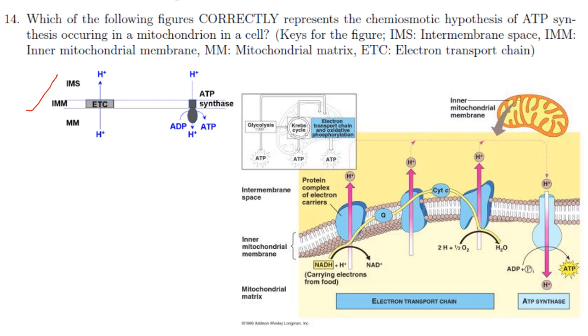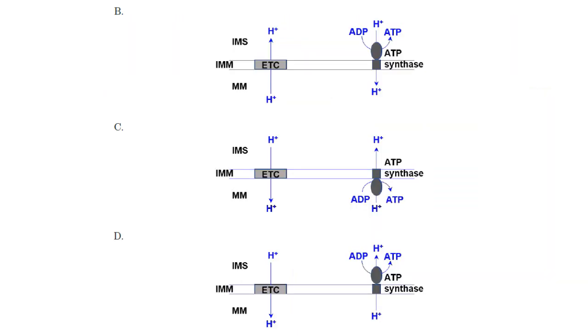And here H positive ions move from the matrix to the intermembrane space. See the direction of the arrow. If you see the other options, ATP synthase is placed in the opposite direction. In option B, the F1 complex is facing the intermembrane space. That is not correct.